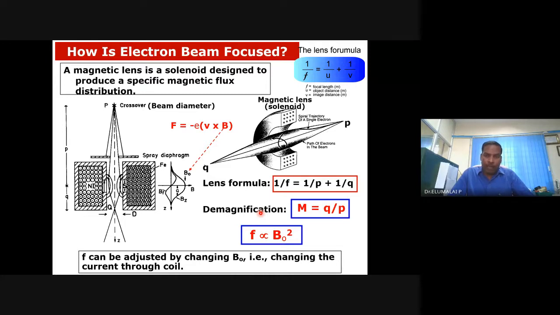Similarly, you can use the magnetic field to focus or defocus the electrons. If you focus the electrons, you can increase or decrease the spot size. The lesser the spot size, the lesser the area you cover; the larger the spot size, the larger the area of the sample you cover.